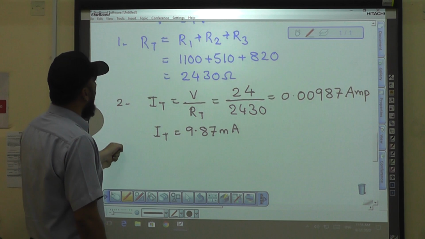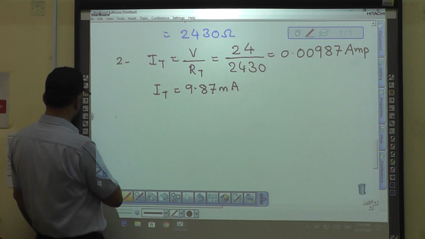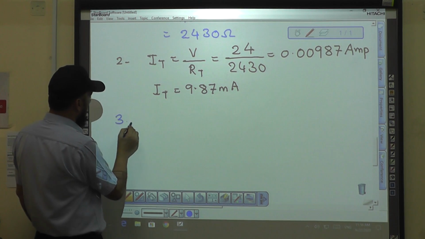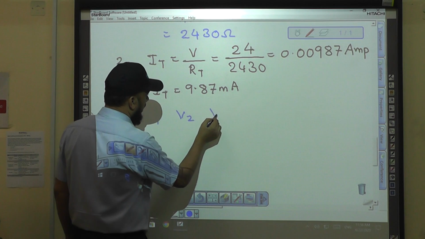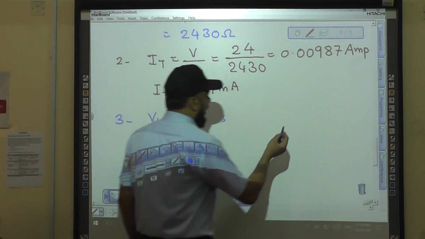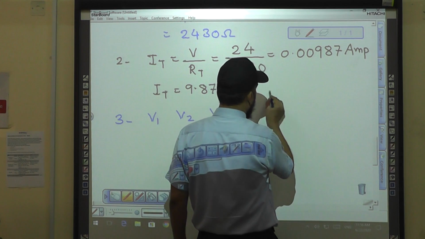Now one by one we will calculate the other parameters, like V1, V2 and V3. Again I am redrawing the circuit here.